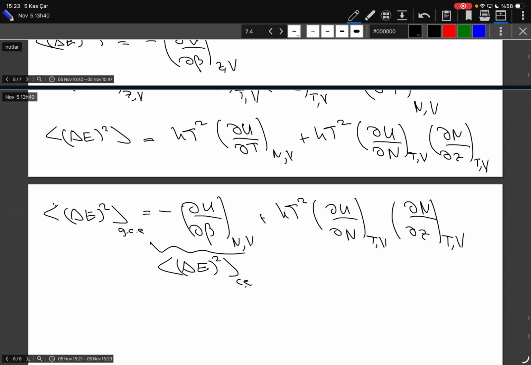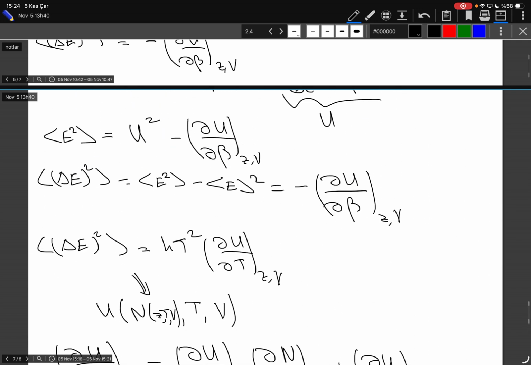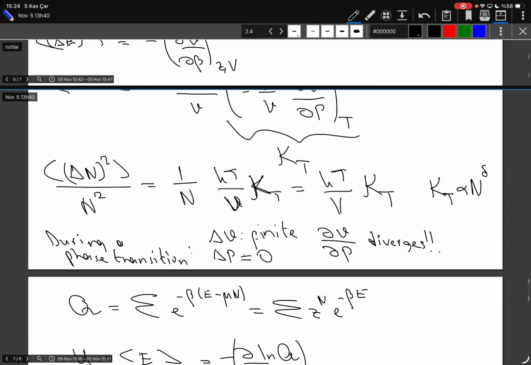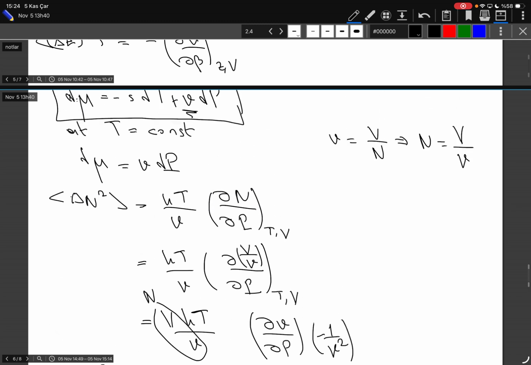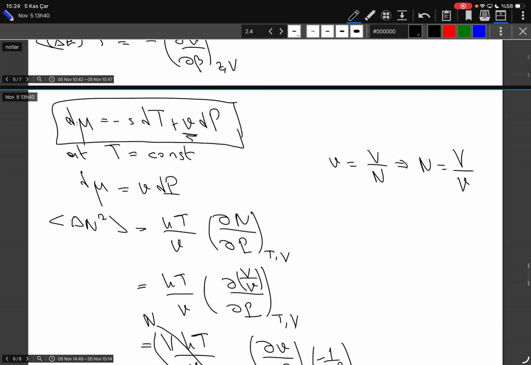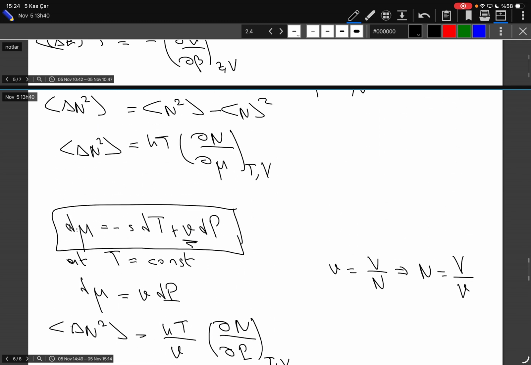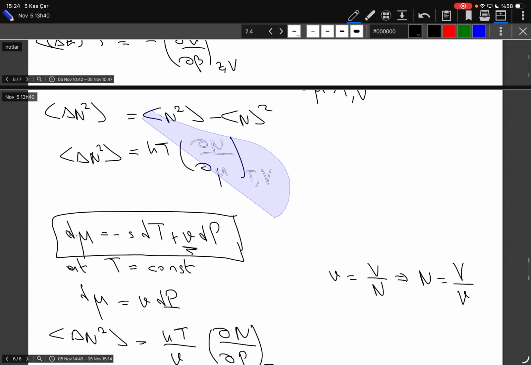Now let's look at that correction. There I have some derivative of the number of particles with respect to some parameter Z. Well, I had already studied the fluctuation in delta N squared, which we had calculated. Let me pick this one.